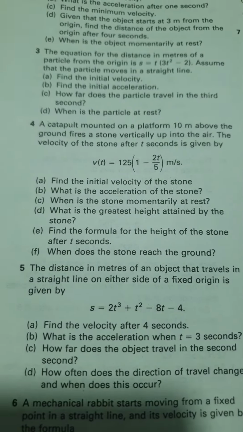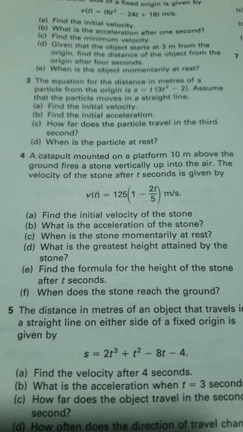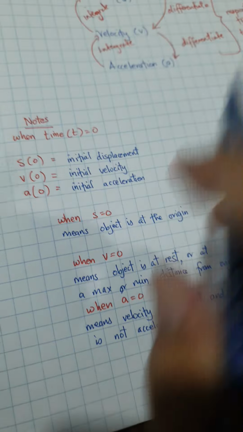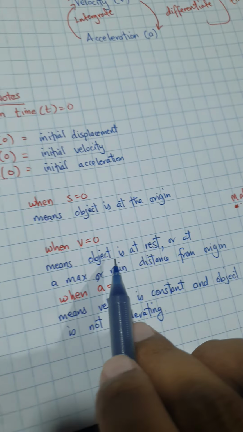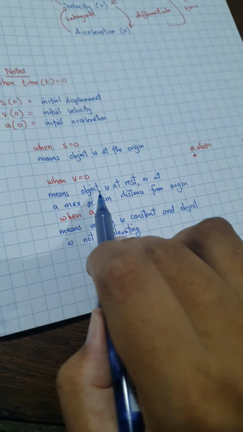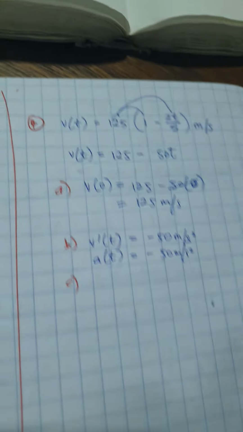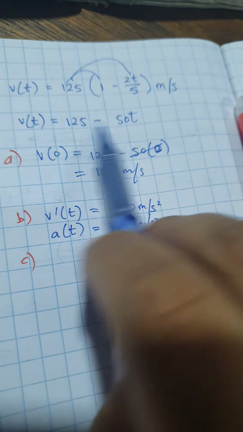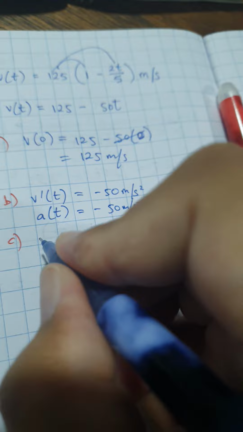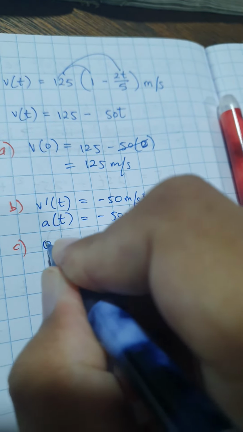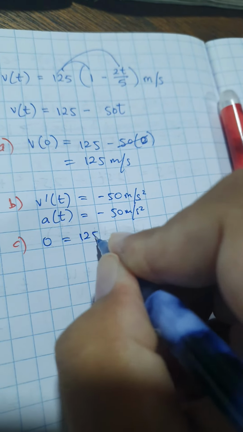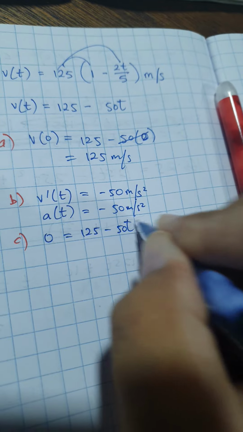C. When is the stone momentarily at rest? This is where velocity equals 0. So for zero velocity, we just equate this equation to 0. So 0 equals 125 minus 50t.